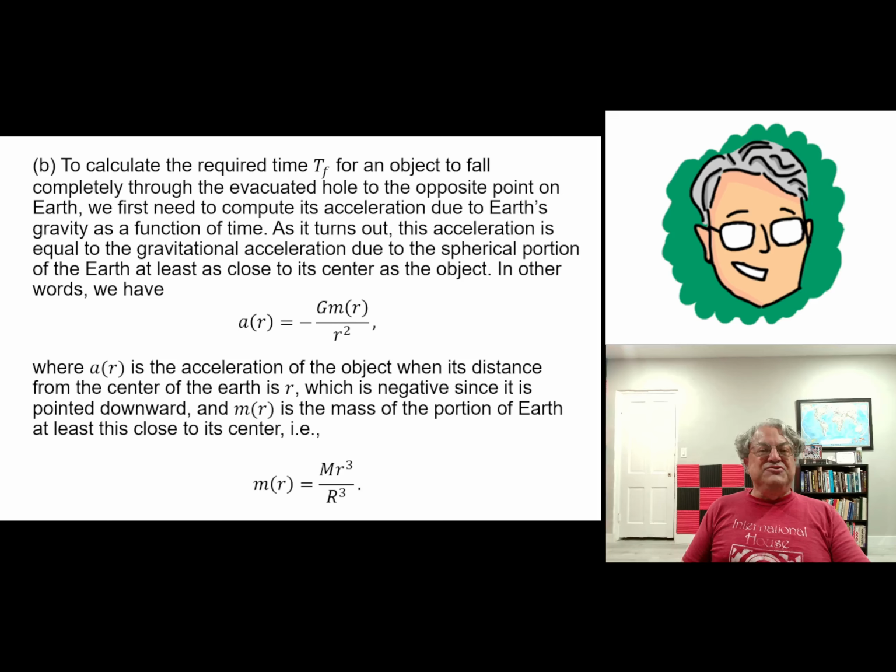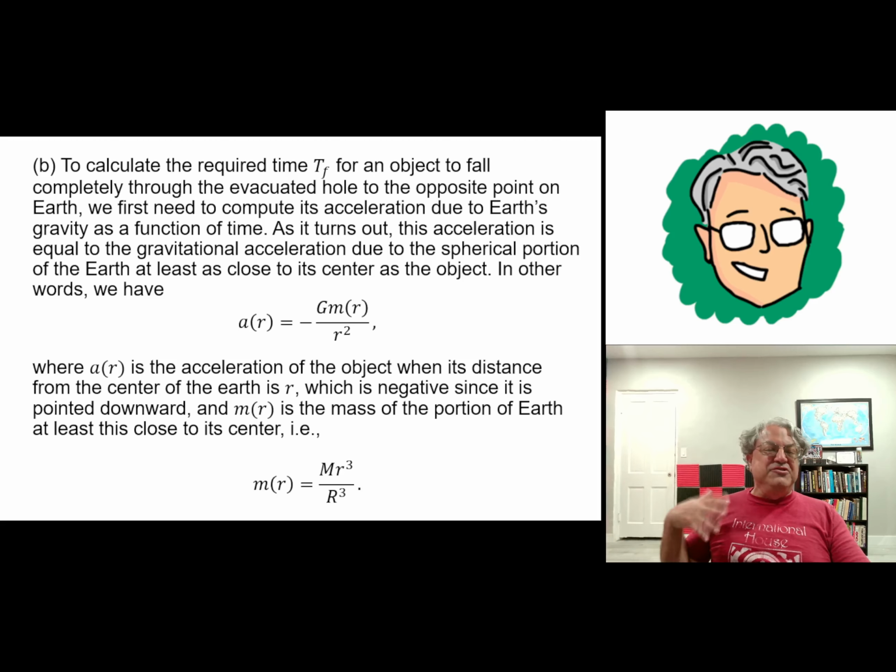You probably know the inverse square law. The gravitational force acting on an object is inversely proportional to the square of the distance from the Earth's center. That's only true if you're outside the Earth. It turns out if you're inside the Earth, it's not the whole Earth that contributes to the gravitational force.